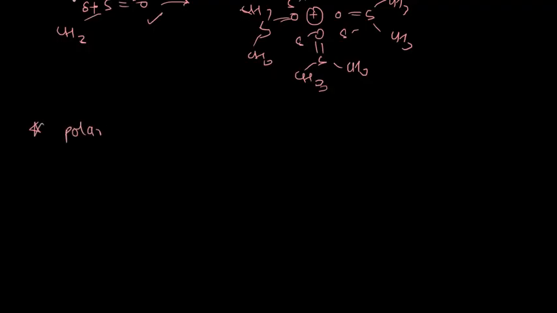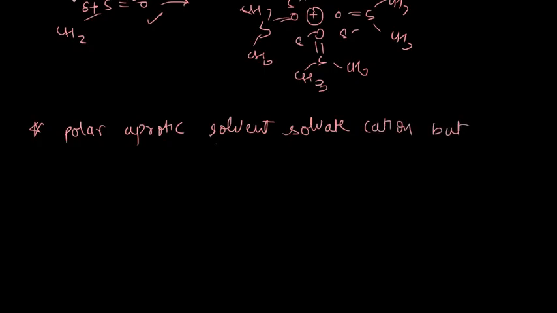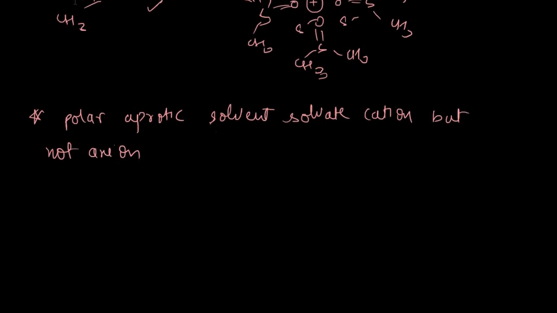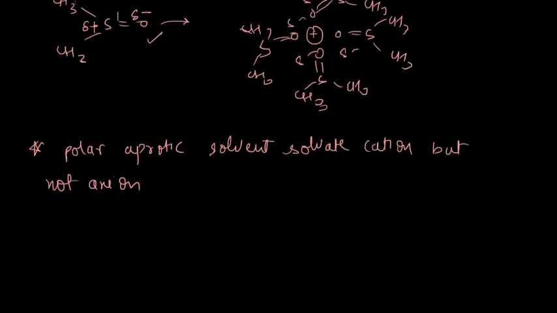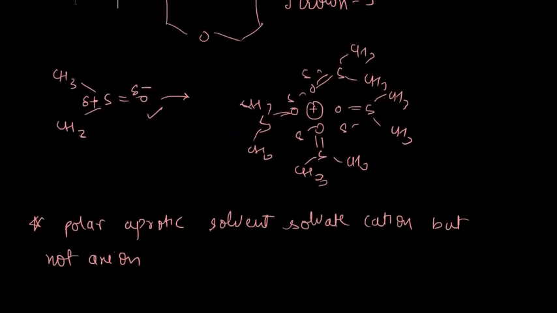Polar aprotic solvent solvates cation, but not the anion. Now we have seen the effect on nucleophilic substitution reaction: what is the solvent, what are the solutes, and what are the different types of solvents.